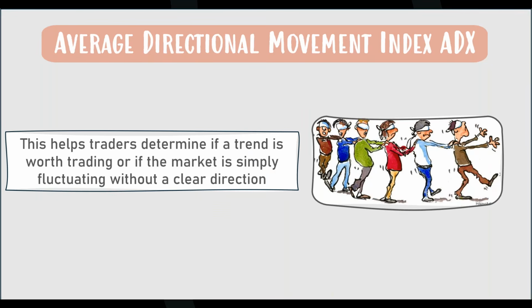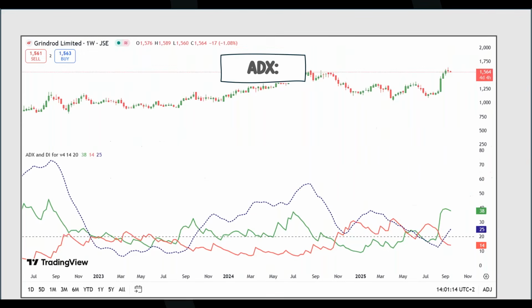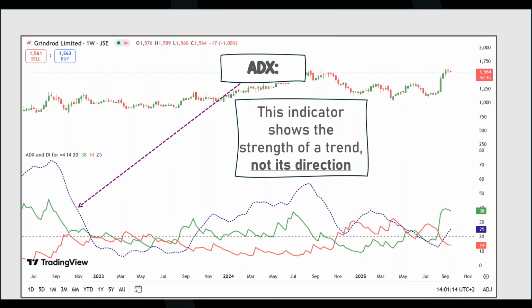It just helps traders know whether it's worth getting into the market, or is everyone just trading blindly. The ADX line would be that purple one. That only tells you the strength and not that the price is falling, because this could fall while the price is going upwards, but when it starts falling, you will then know that the trend is starting to lose momentum.